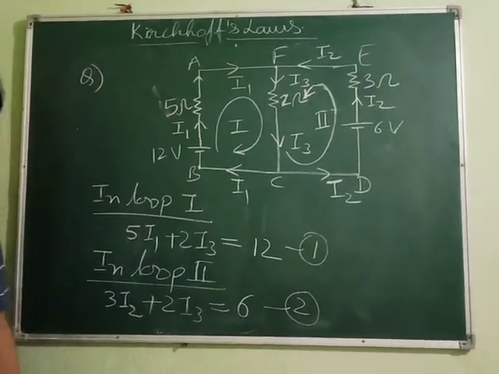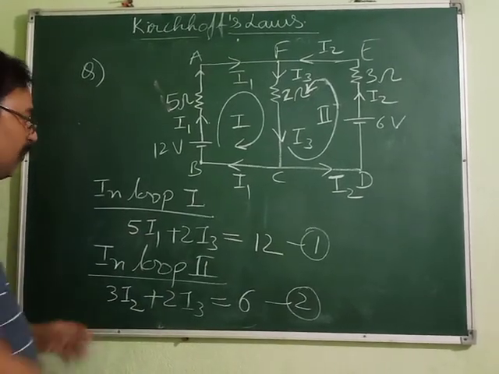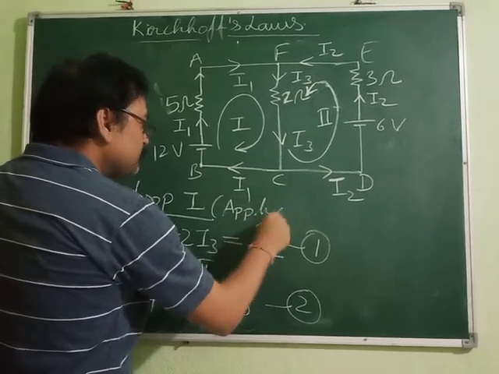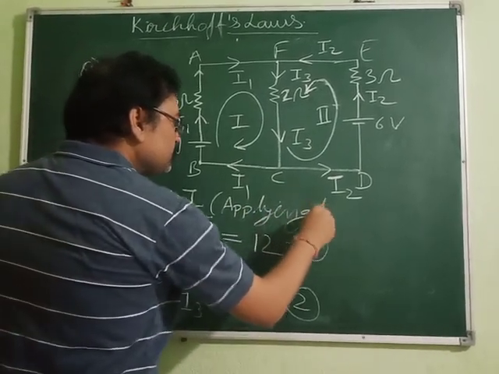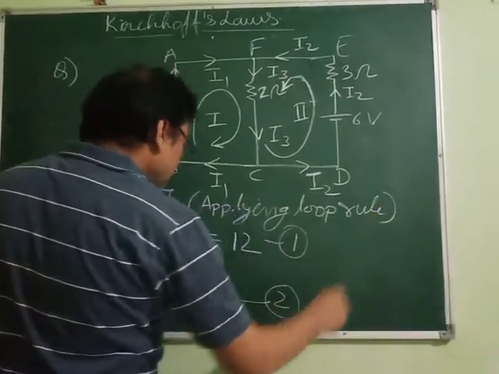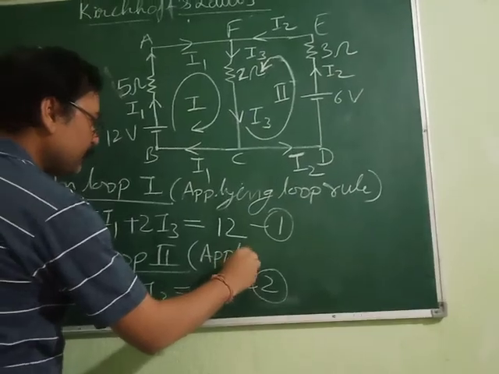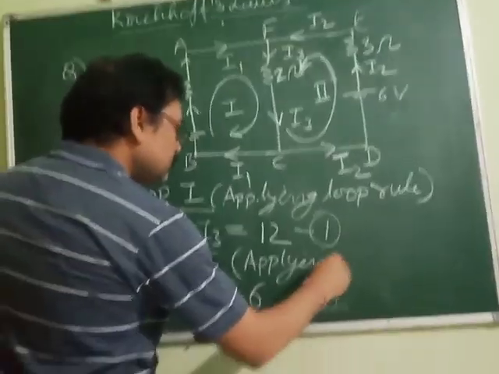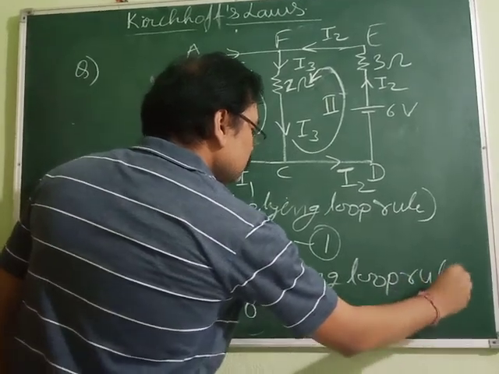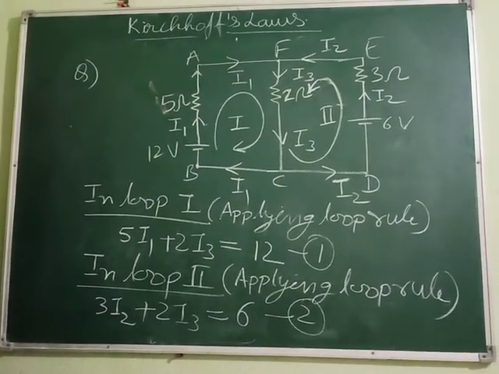We got two equations by applying the loop rule. Done?